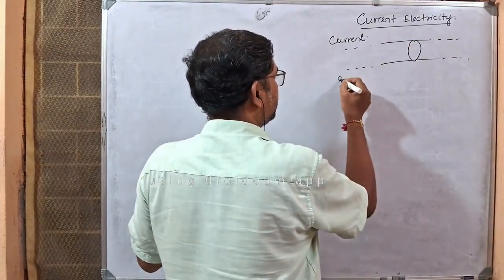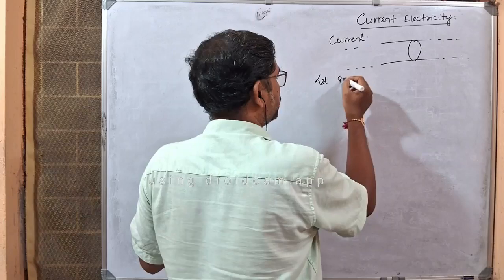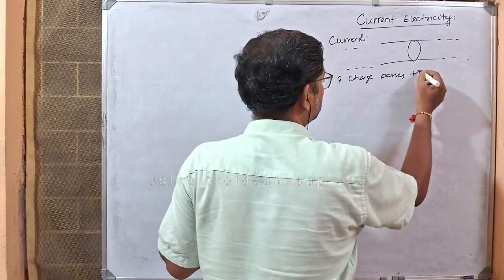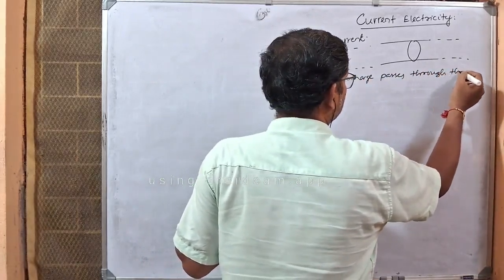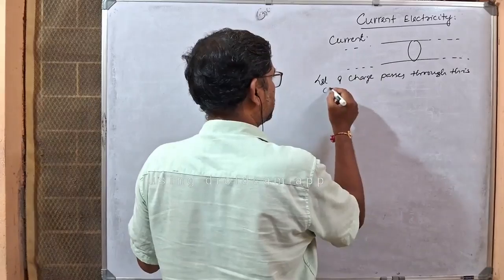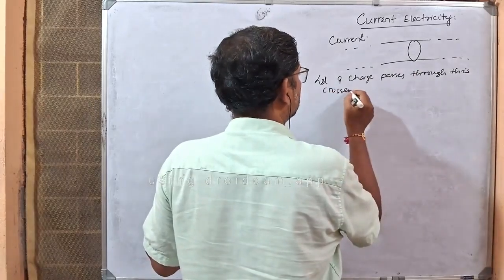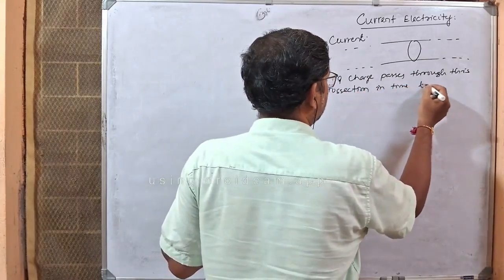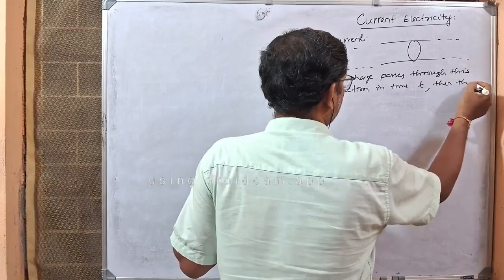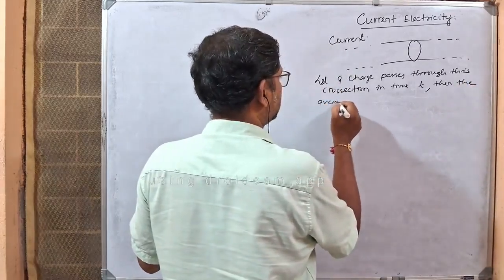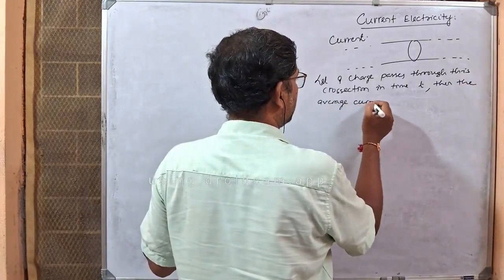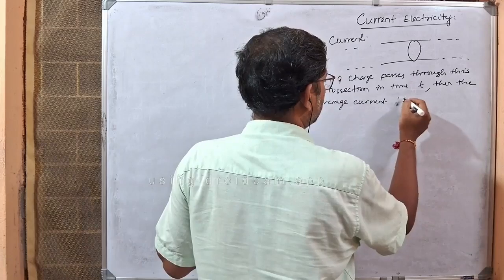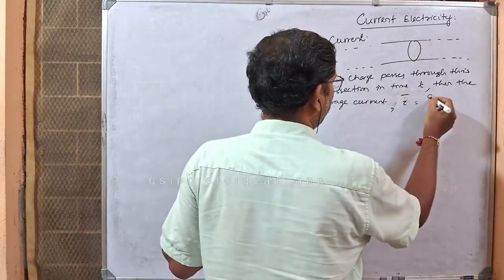Let Q charge pass through this cross section in time t, then the current, especially the average current, I, you can write in small I or capital I, is Q by t.